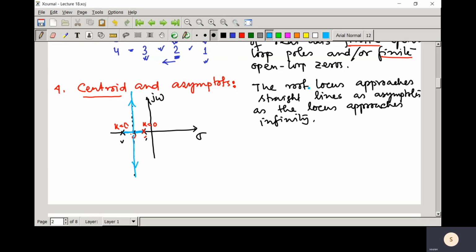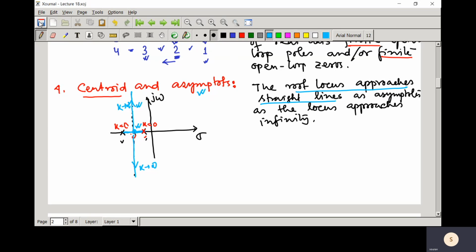As I have pointed out, the root locus approaches a straight line. We are sketching the root locus because we want the qualitative locations of the roots, and when k is tending to infinity, this root locus follows that straight line. So now we are trying to understand what this point would be. This point is called the centroid, and how many asymptotes you would have, we are going to calculate.